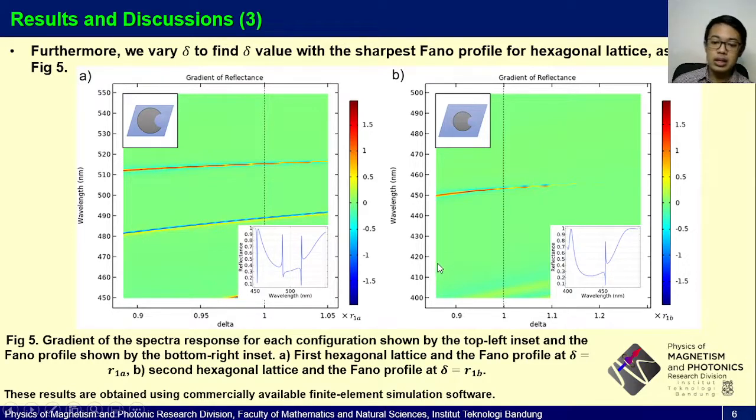We focus only in the range of wavelength where Fano profile occurred, so 450 until 550 as we said before. By plotting the gradient of reflectance against wavelength in nanometer and delta in R, we can find the sharpest Fano profile. Let's say, for example, on the right hand figure, the sharpest Fano profile is occurring around delta 1.2 and the wavelength around 540 until 560 nanometers.